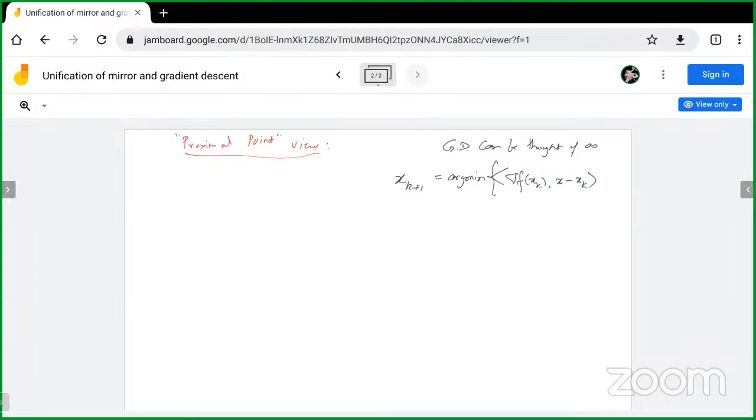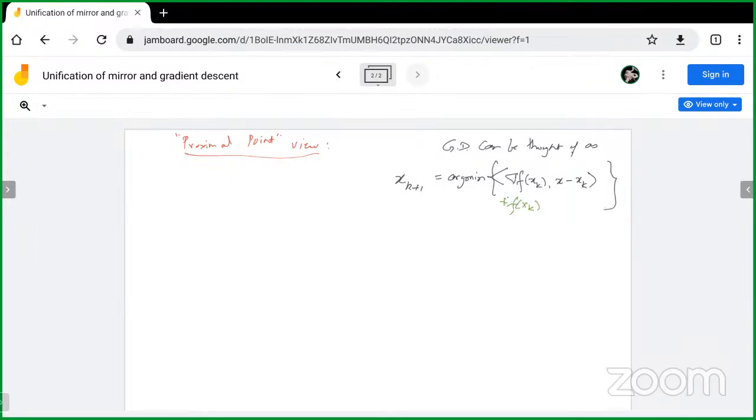Okay. So let me just write the full thing. So the linear approximation of the function at x_k is f of x_k plus this quantity. So this is what you would ideally want to do. The problem is that this linear approximation is of course not accurate.